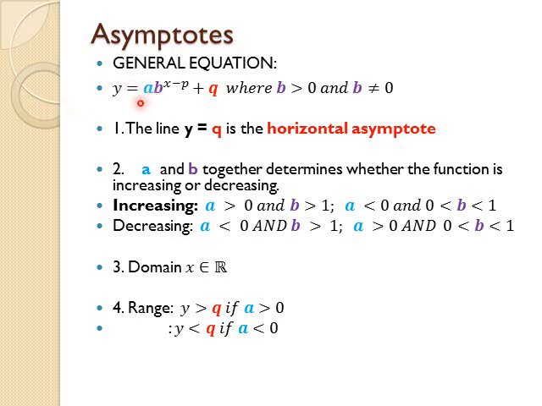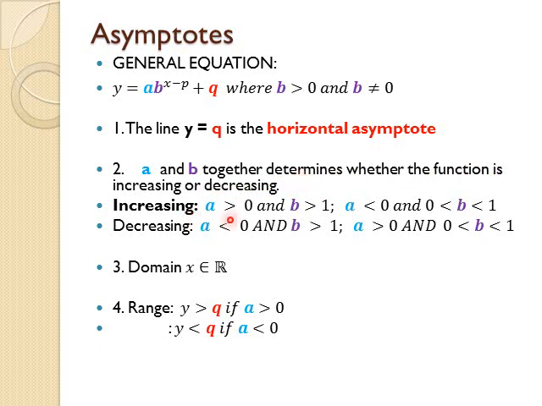Now, a general equation, we said y equal a times b to the power x minus p plus q, where b is greater than 0 and b not equal to 1. So number 1, as I said in the drawings, y equal to q is called a horizontal asymptote, meaning the graph can't touch that line. All right? A and b together determine whether the function is increasing or decreasing.